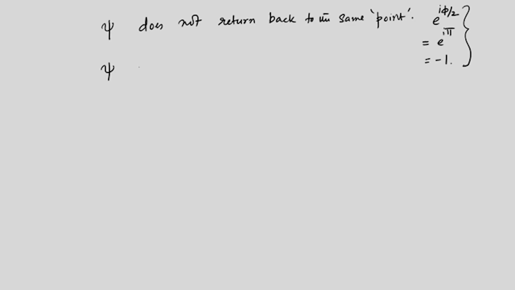This is really related to the antisymmetric property of the wave function: when you swap two particles, the wave function picks up a -1. Now, this is a little subtle.